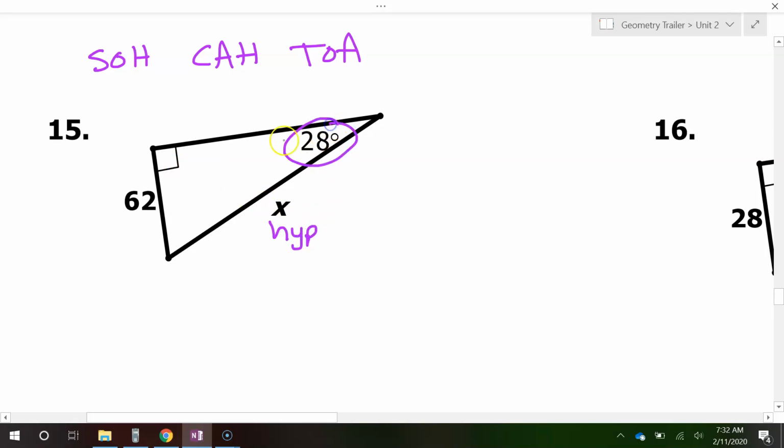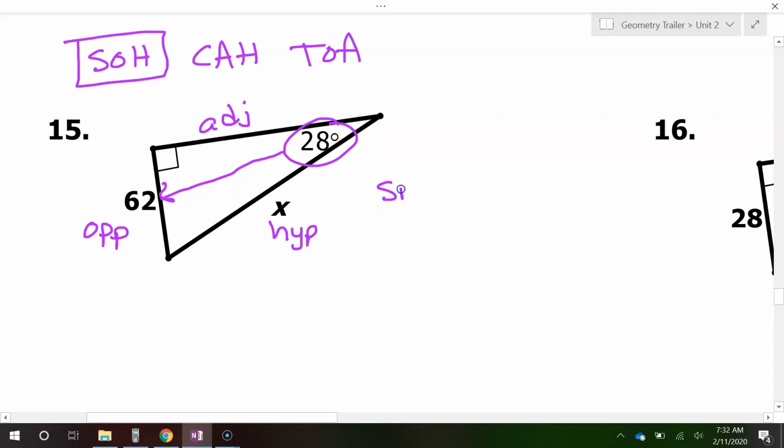Next, circle the angle that you are dealing with and draw an arrow. This will be the opposite side. The other side is adjacent. Now, which two sides are we actually dealing with? Opposite and hypotenuse, the 62 and the x. Which trig function involves opposite and hypotenuse? That's going to be the sine function.